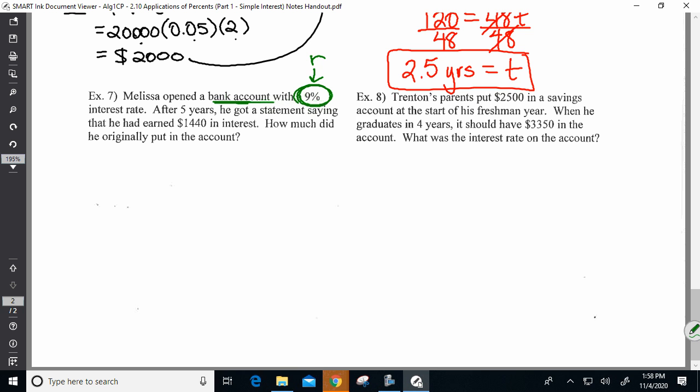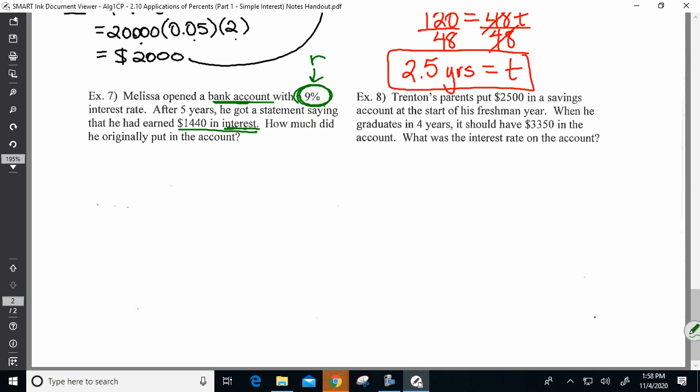Yes, Amari? I couldn't hear a word you just said. So for that percent, that would be the rate. 1,440 would be the interest.